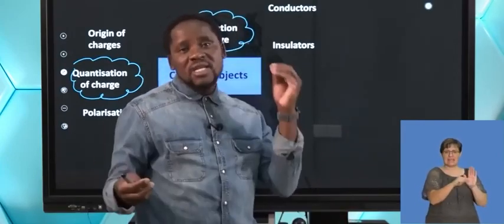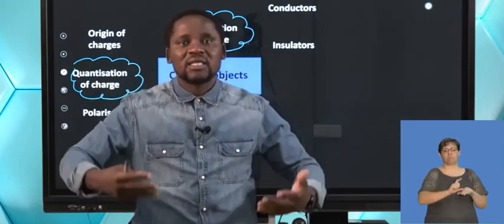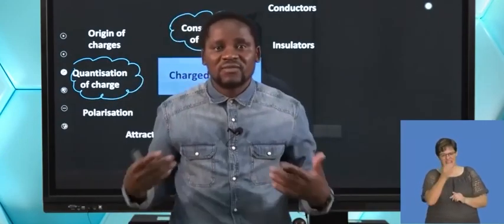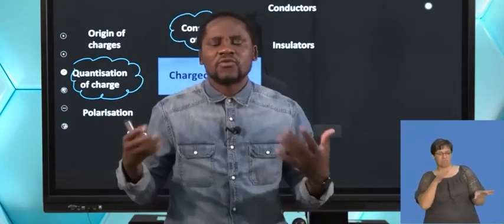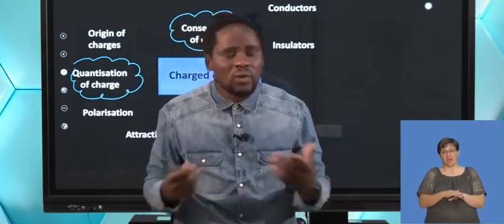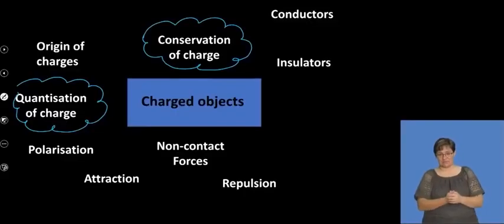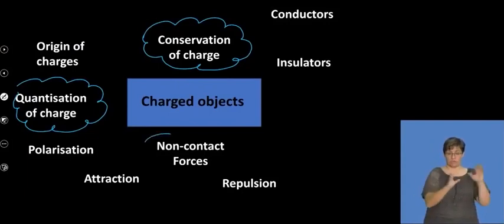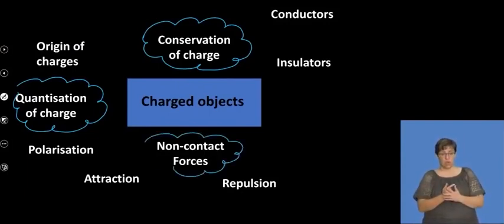If we add a lot of electrons, it has more electrons in excess, and it is even more negatively charged. That's the big idea of what it means when we say that charge is quantized. We also looked at the non-contact forces, because where there is charge, there are forces involved.